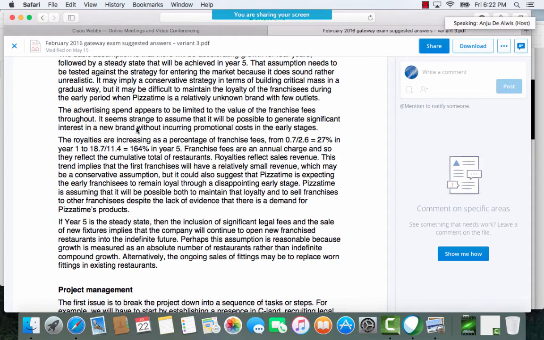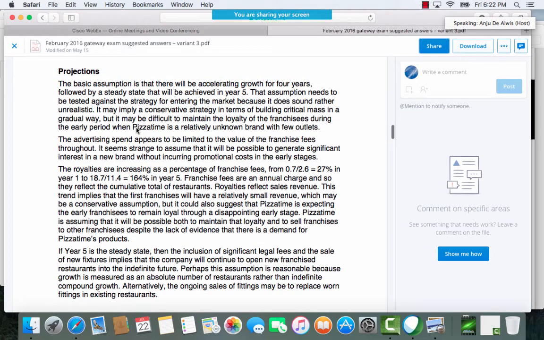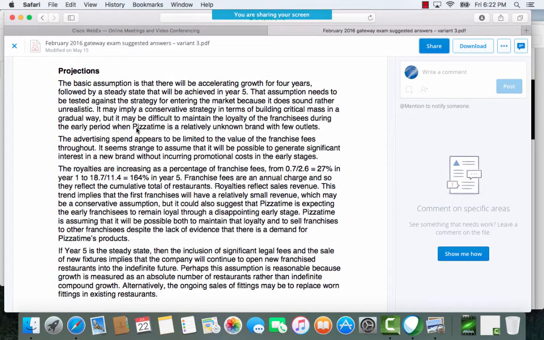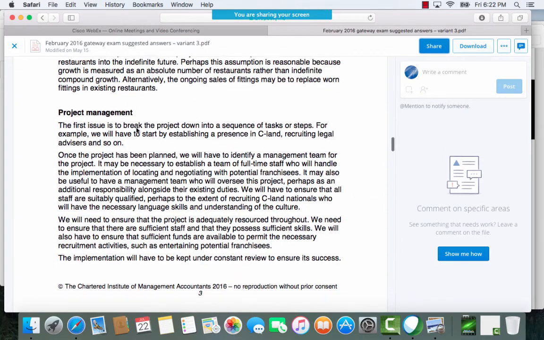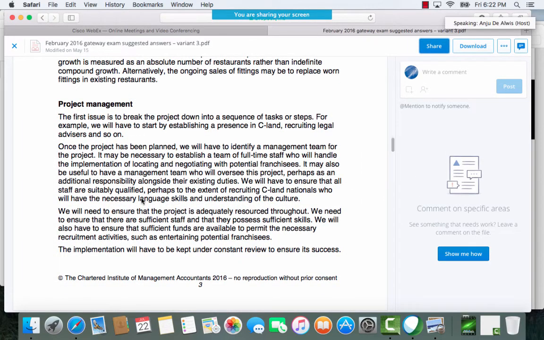Their underlying assumptions are basically on the sales, right? How they've achieved it, the royalties, is it realistic? The kind of sales that they're targeting, is it realistic? It's too ambitious, right?